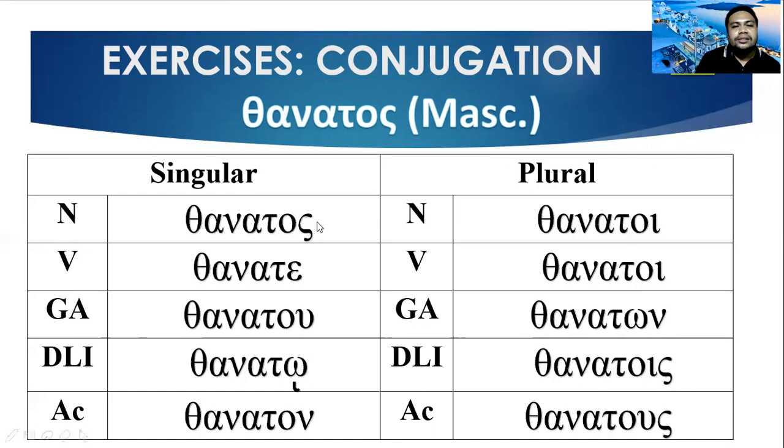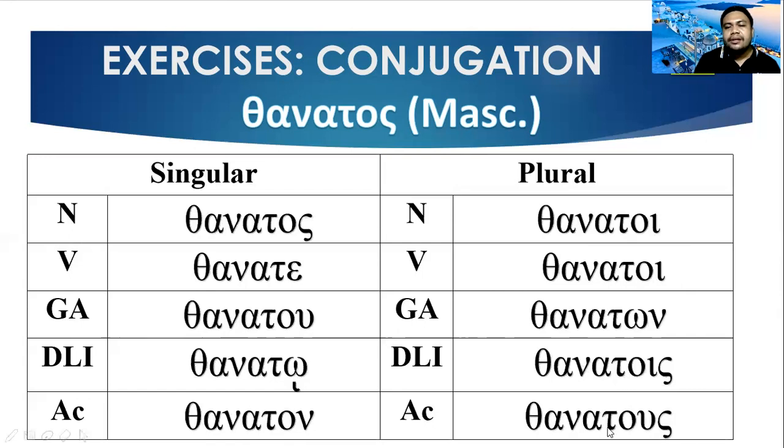Let's read. Thanatos becomes in a vocative thanate. Genitive ablative thanatou. Dative locative thanato with an iota subscript. Accusative thanaton. Very good. For the plural, we have nominative thanatoi. Vocative thanatoi. Genitive ablative thanaton. Dative locative thanatois.